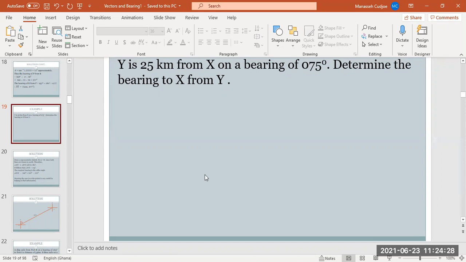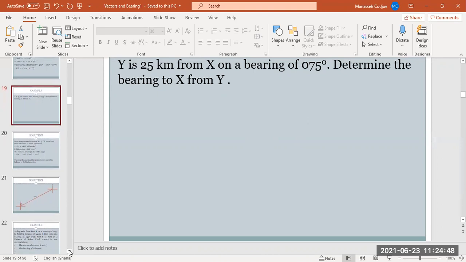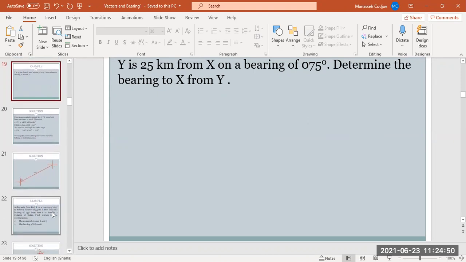So demarcate a place for 75 and have your line. You can stop anywhere and indicate your 25 kilometers. Name that destination as your Y. Determine the bearing of X from Y. So this is pretty simple, and I believe you are exploring it individually.